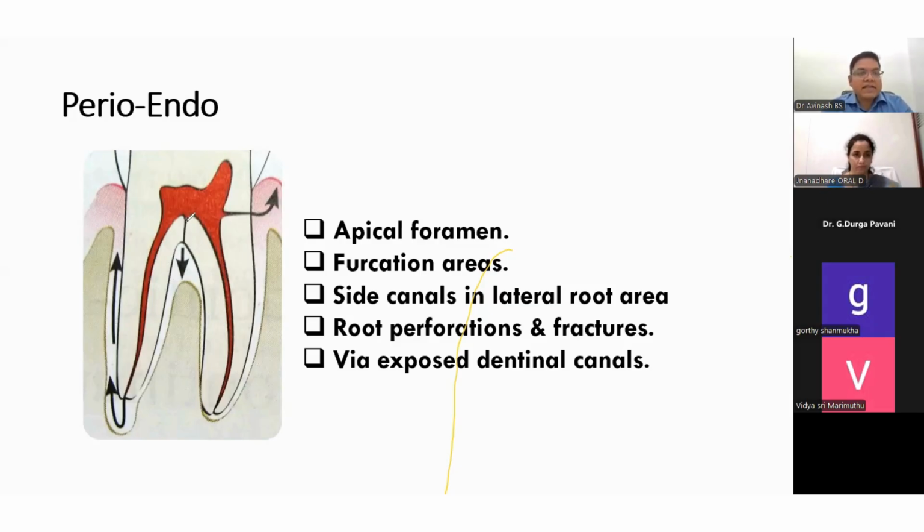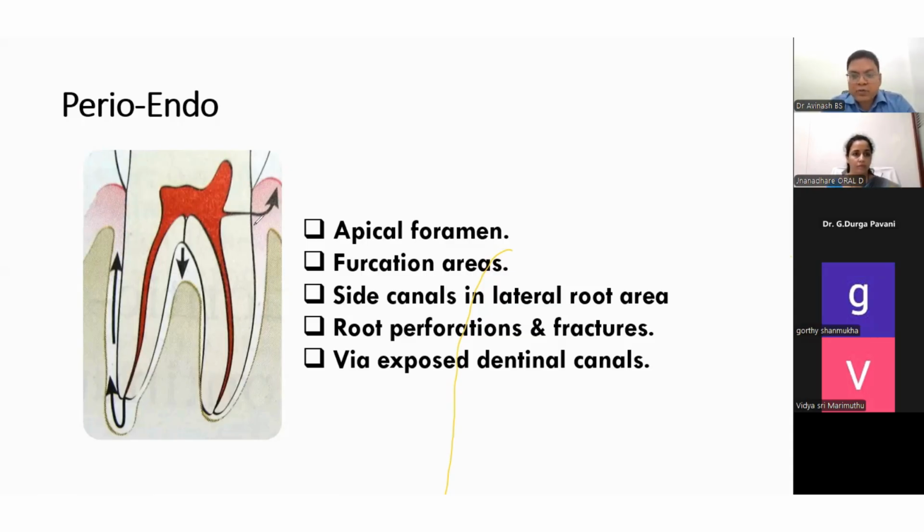Or there might be accessory canals near the furcation or elsewhere, where there is communication between the pulpal lesion and the periodontal lesion. Based on this, we classify it in a simple way.